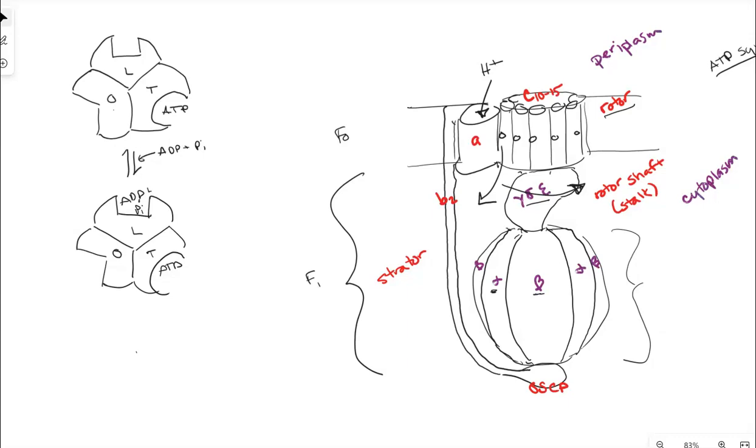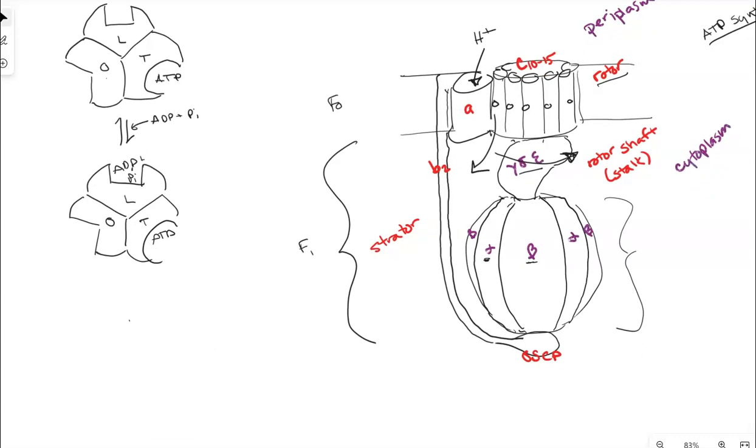And then what we can get is an adjustment to the conformation. So if we get a conformational change to these subunits, and the tight site becomes open, it will release the ATP.